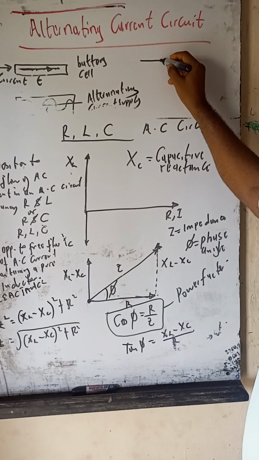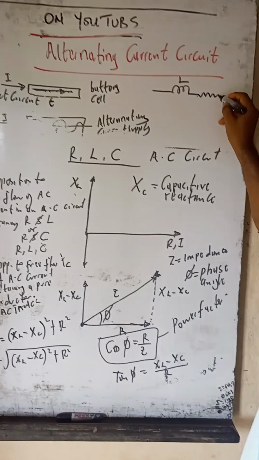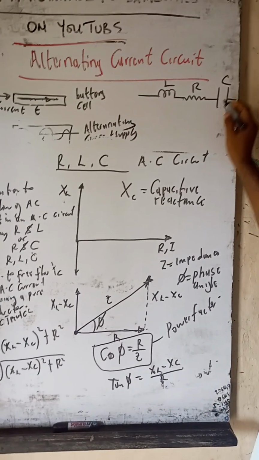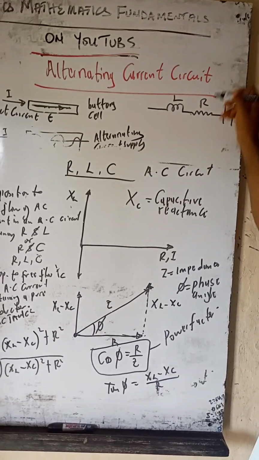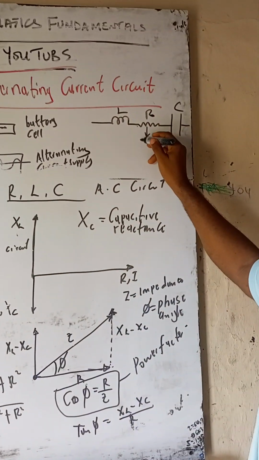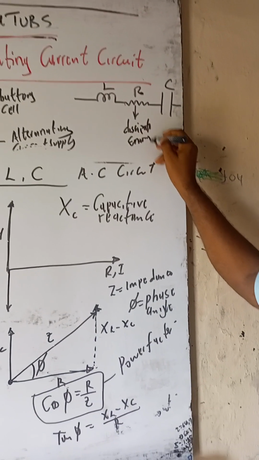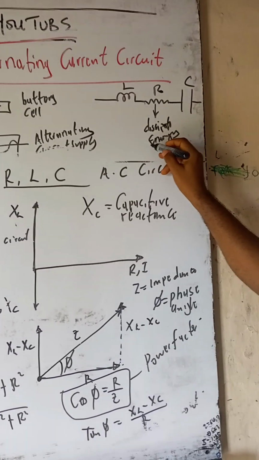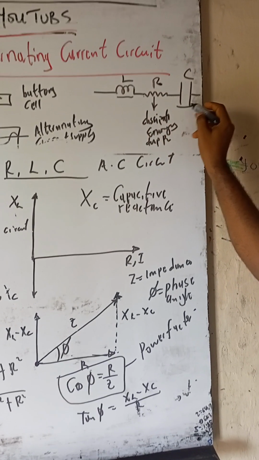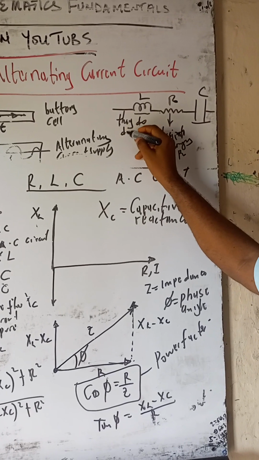Then I want to tell us something. When we have the arrangement of the inductor L, and then I have this resistor R, then I have the capacitor C, it has been found that it is only this component, the resistor, anytime it is there, it will dissipate energy in form of heat. So that means it will dissipate power also, power P. But in case of inductor and capacitor, they do not dissipate energy.